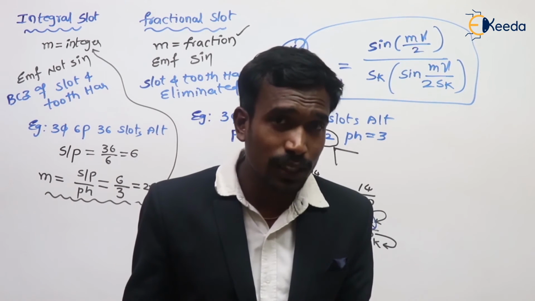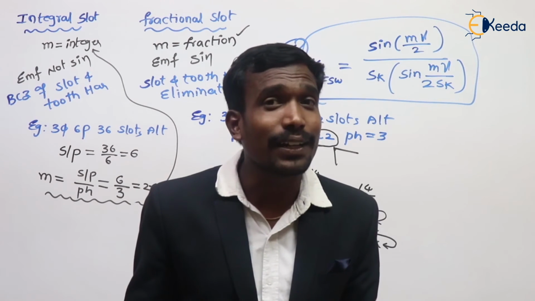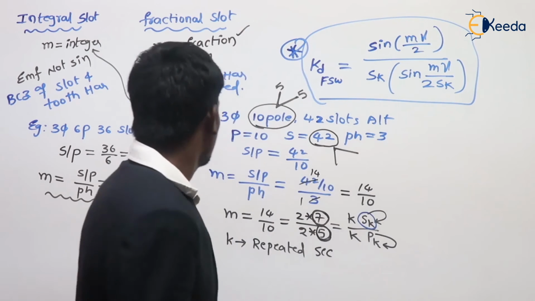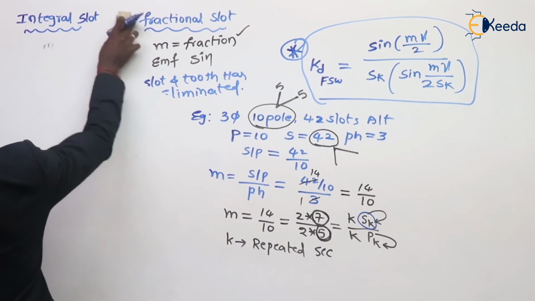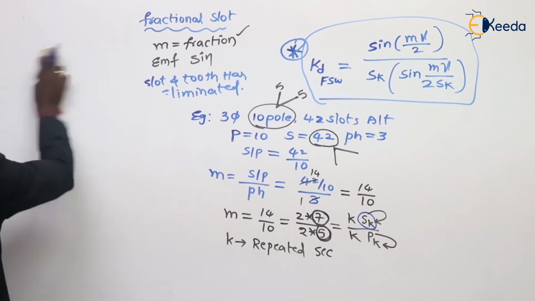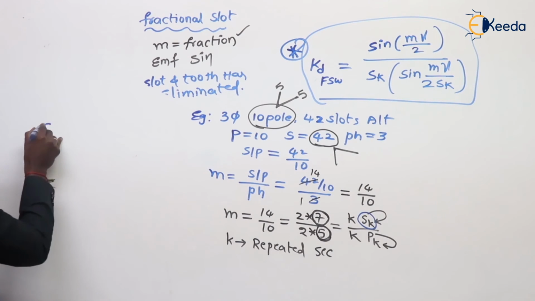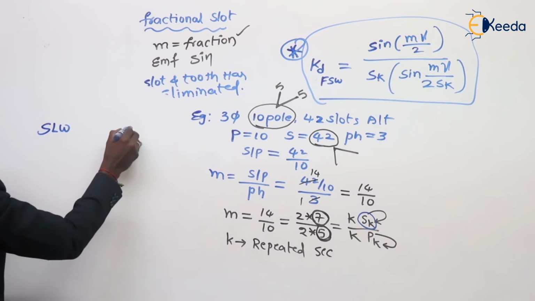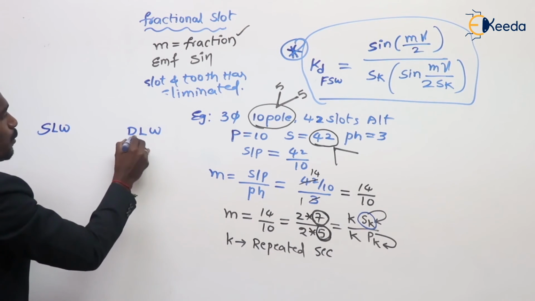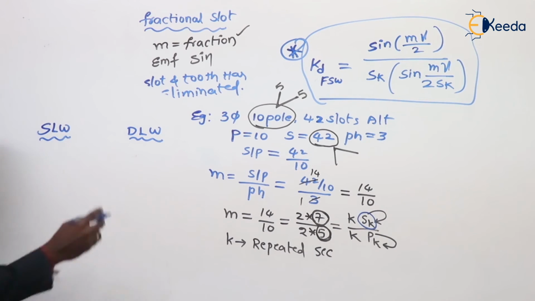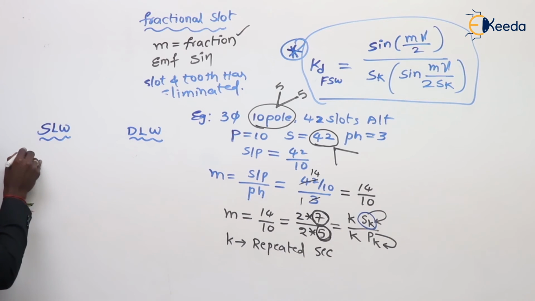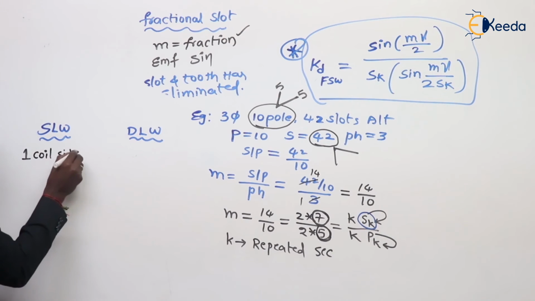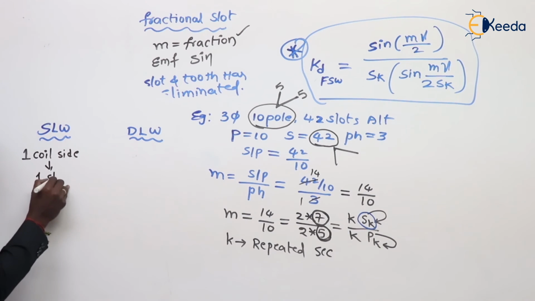Let's go for the next one: single layer winding and double layer winding. Let's see what is the single layer winding and what is the double layer winding. Generally, single layer winding is nothing but one coil side placed under one slot.